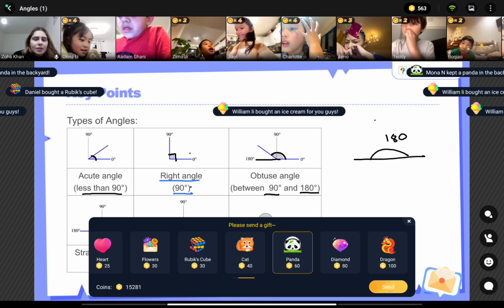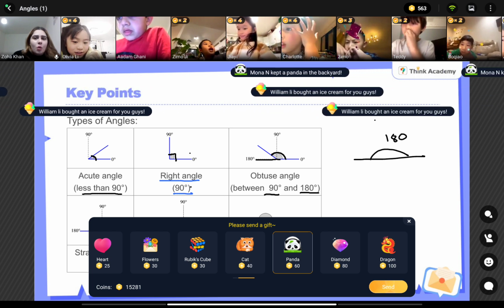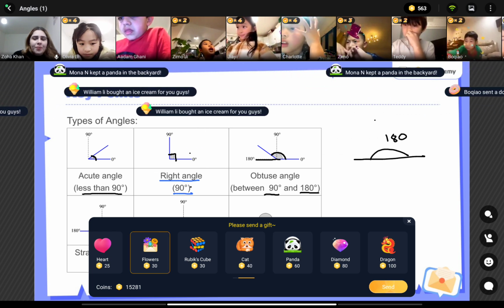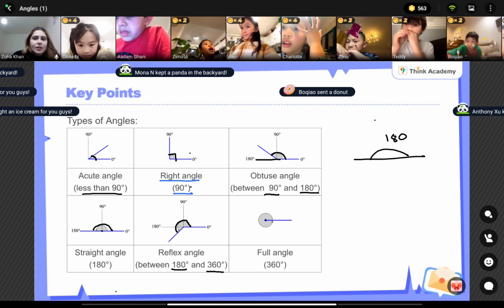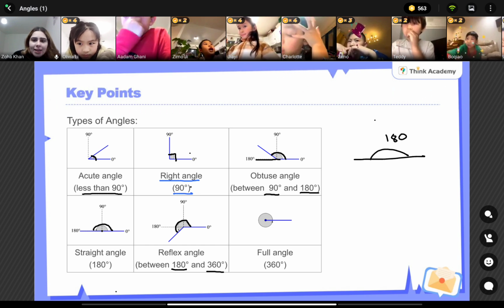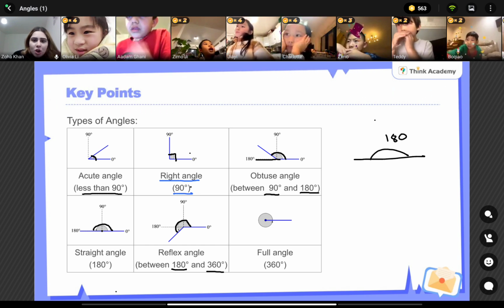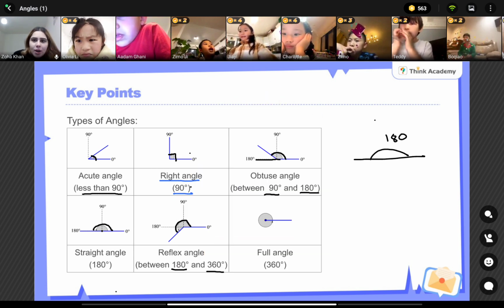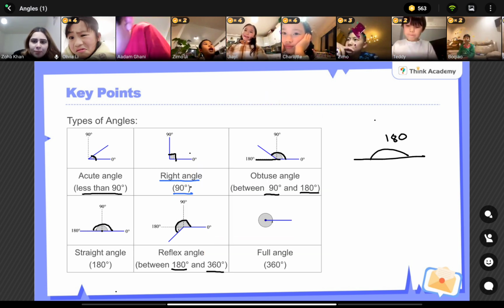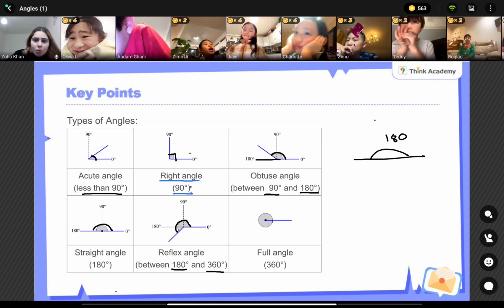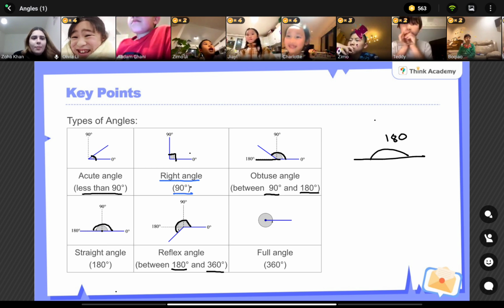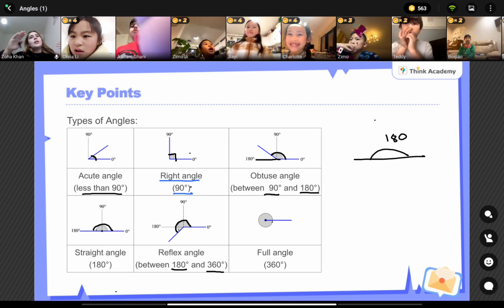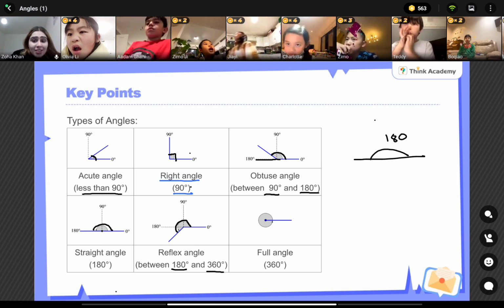Okay, so everyone, in terms of coins, I have about 700 left. We've got Zemo, William, Charlotte, and Jai. So I think what I might have to do is try to give you all as many as I can. This time I'm going to give you all the coins equally because I only have 700.